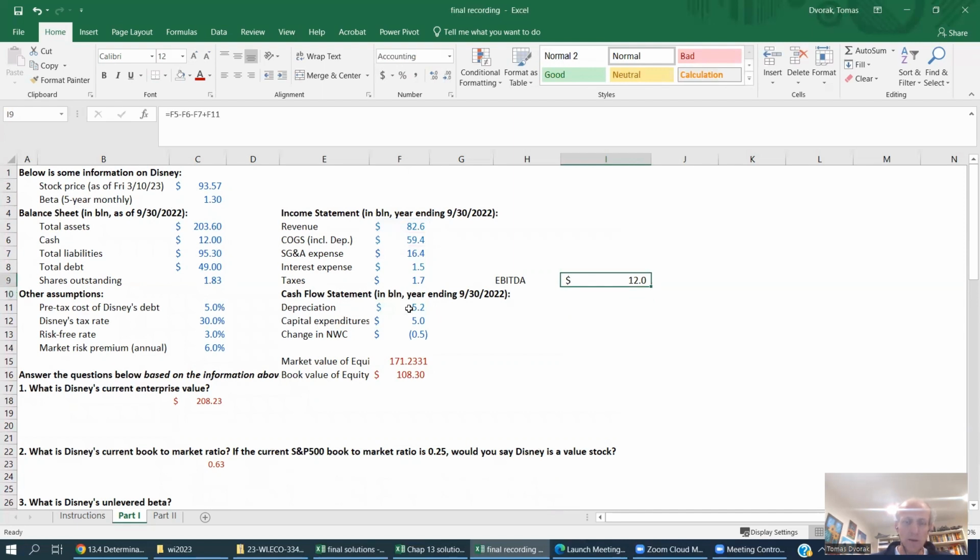That's EBITDA, right? And then from EBITDA, if we wanted to get to free cash flow, we can just take EBITDA and subtract taxes, because we have to pay taxes, and subtract CapEx, and subtract net change in net working capital, and it's going to give us the same number.